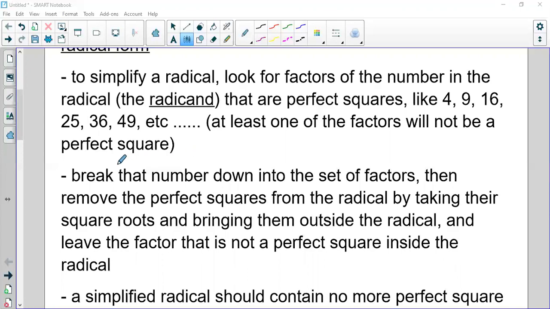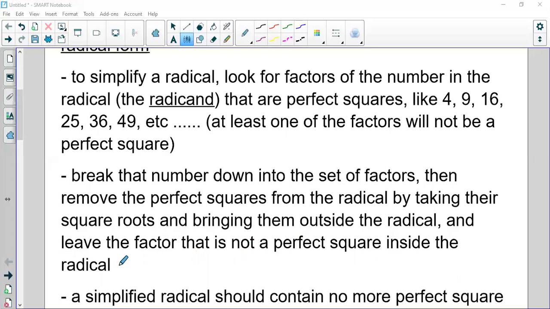We're going to break that number down into a set of factors, and then remove the perfect squares from that radical by taking their square roots, and that brings them outside the radical. The factor that is not a perfect square remains inside the radical.